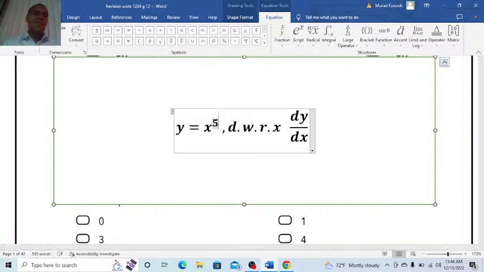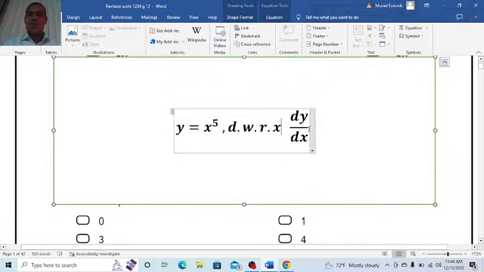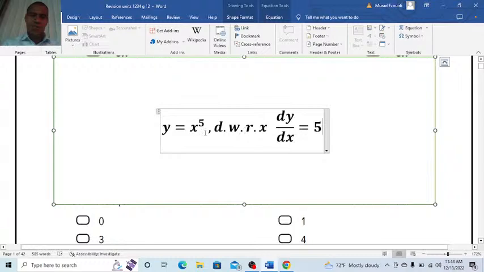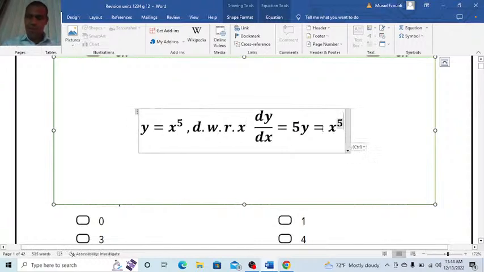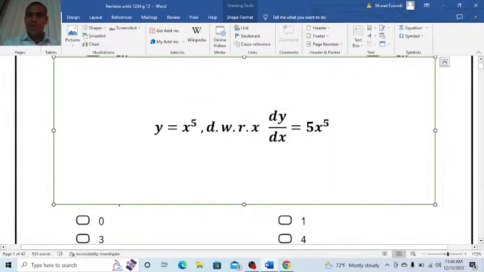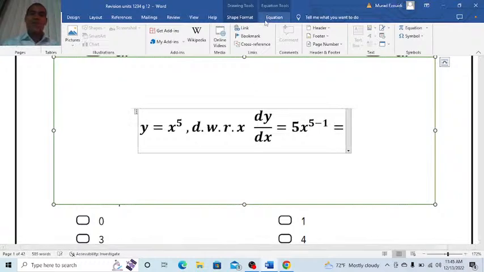So this is equal to 5 times x to the power 5 minus 1, which is equal to 5x to the power 4.